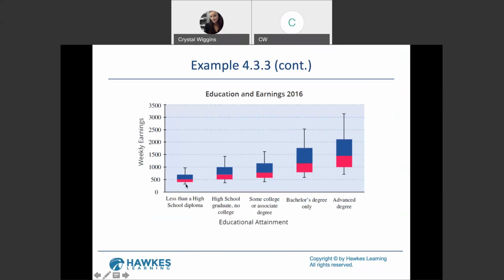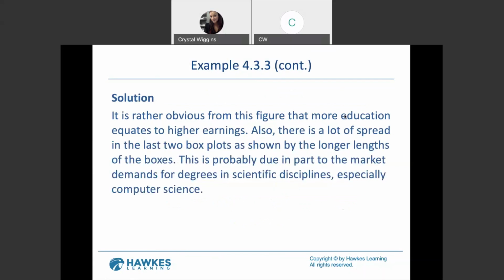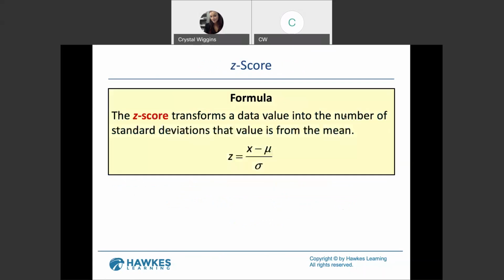We're from, I don't know, maybe 400 to 1,000. And if we look at this last spread, we are going from about $750 to a little over 3,000, which is a much larger spread. This is probably due in part to the market demands for degrees in scientific disciplines, especially computer science.